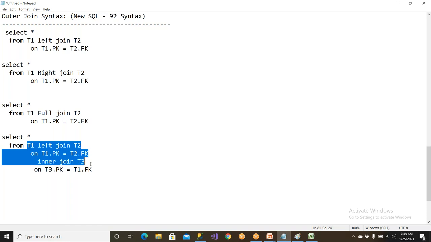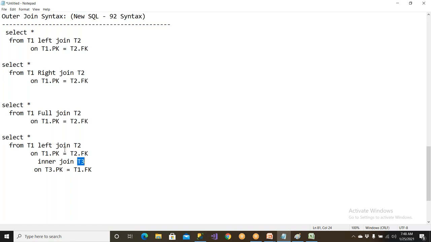Up to 255 joinings can be done. We have joined only three tables: table number one, table number two, table number three. You should be able to join 255 tables. This number may also change as of now. This must be the limitation.